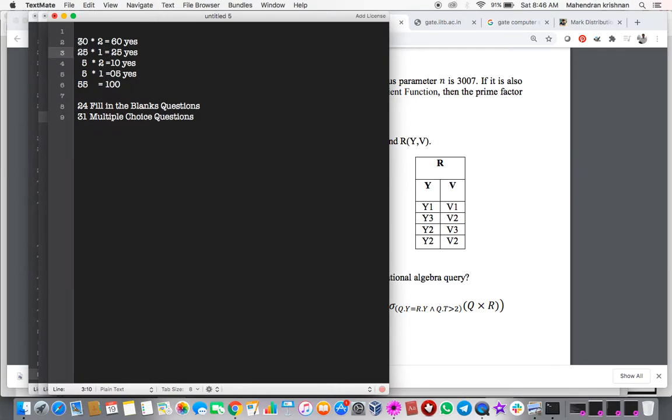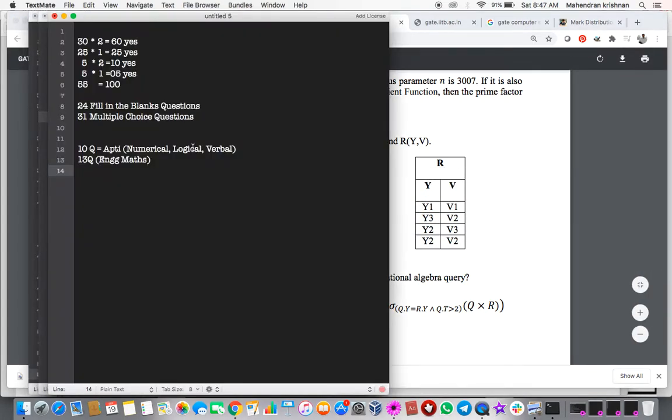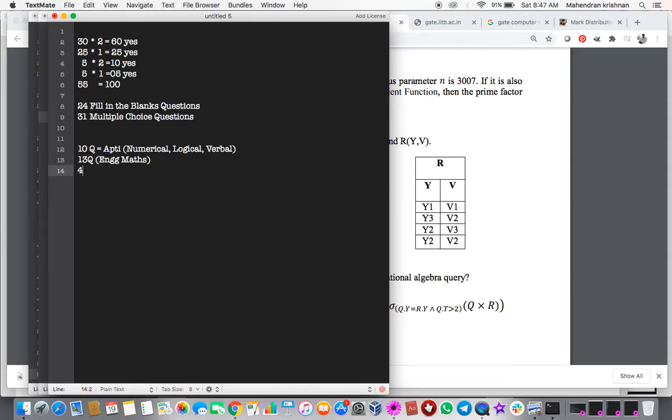So this is one split up based on marks, so 100 marks, 10 questions aptitude. This includes numerical, logical, verbal. So 13 questions for most of the subjects, engineering maths. Remaining out of 55, 13 is 42. 42 questions are individual subject.